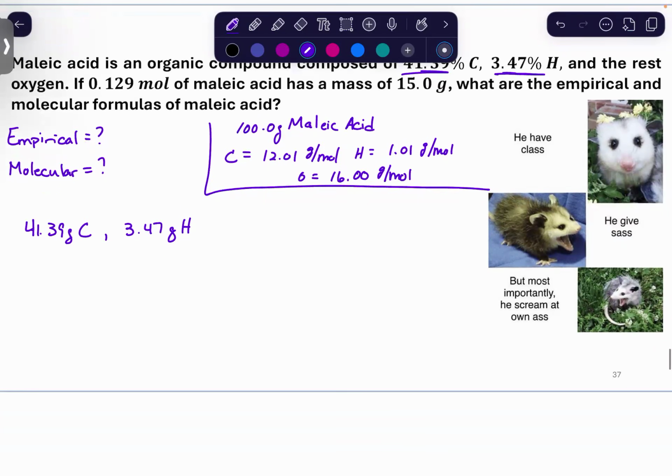So my grams of oxygen, that's going to be 100 minus 41.39 minus 3.47 equals 55.14 grams of oxygen. So I'm just going to take the amount of carbon and amount of hydrogen, subtract it off 100, and that gives me my oxygen.